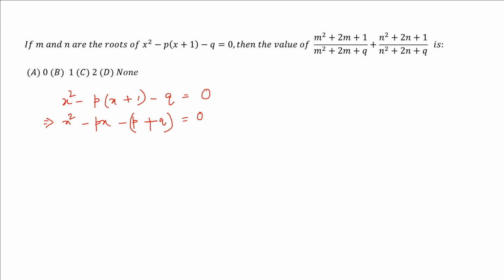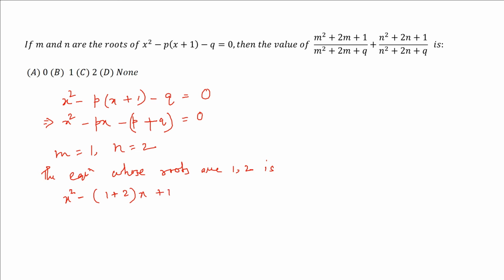Now, if we take m equal to 1 and n equal to 2, suppose m equal to 1 and n equal to 2, you can take other values also. So, the equation whose roots are 1, 2 is x square minus (1 plus 2) into x plus 1 into 2 equal to 0.